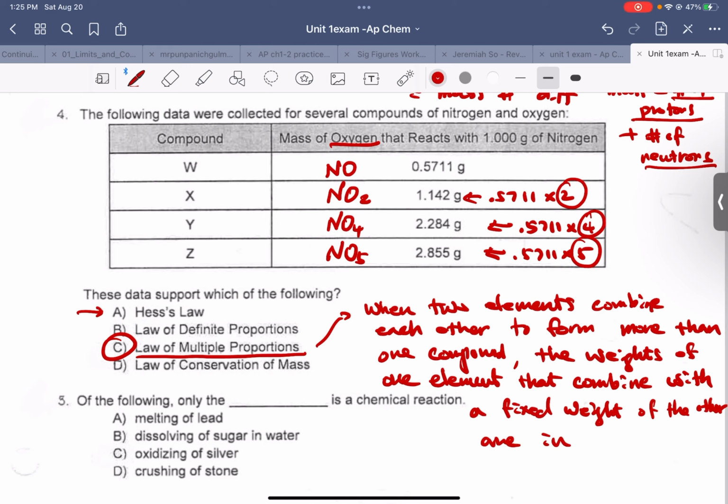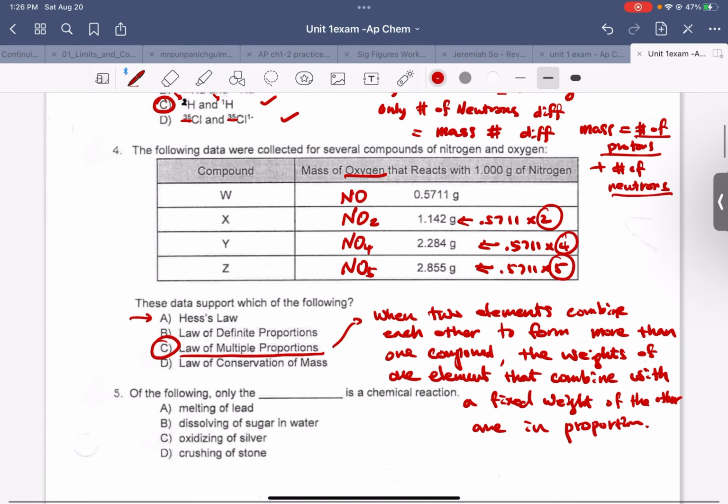They are in proportion. Proportionally combined, right? So twice and 4 times and 5 times like that. So that's the law of multiple proportion.